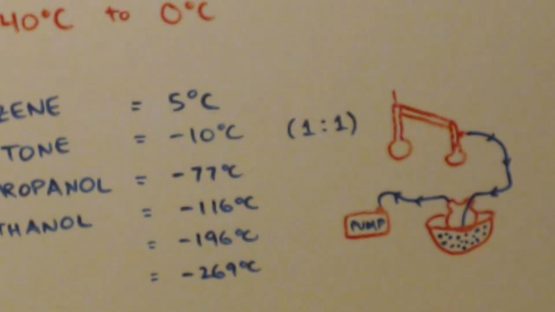So I just wanted to go over cooling baths and how you find the list. This doesn't just tell you how to cool stuff down. It tells you how to cool it down to a specific temperature. You might have a reaction that has to be between -70 and -80 degrees Celsius.